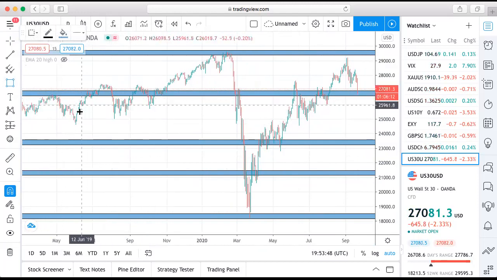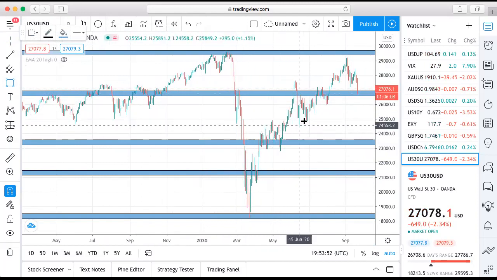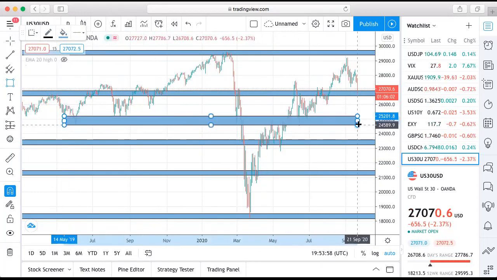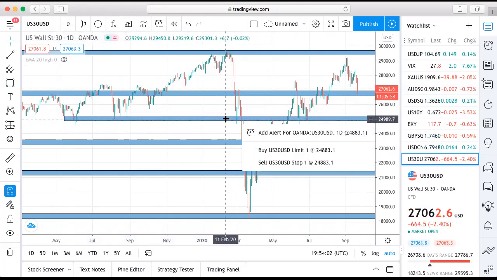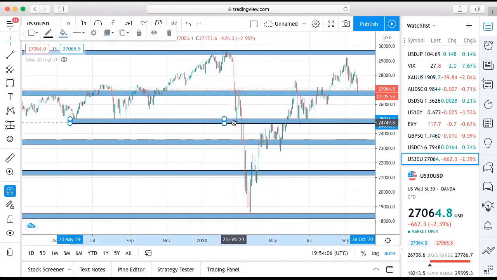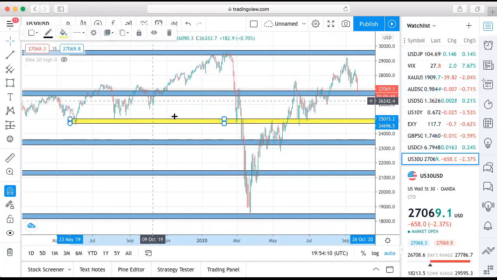You see this zone was respected here and got here, broke, and respected it again. So I will just fix one more here. Right now, this is a minor zone because I'm taking it on the daily. Now what I want to do is to just change the color so I know what are my majors and my minors.